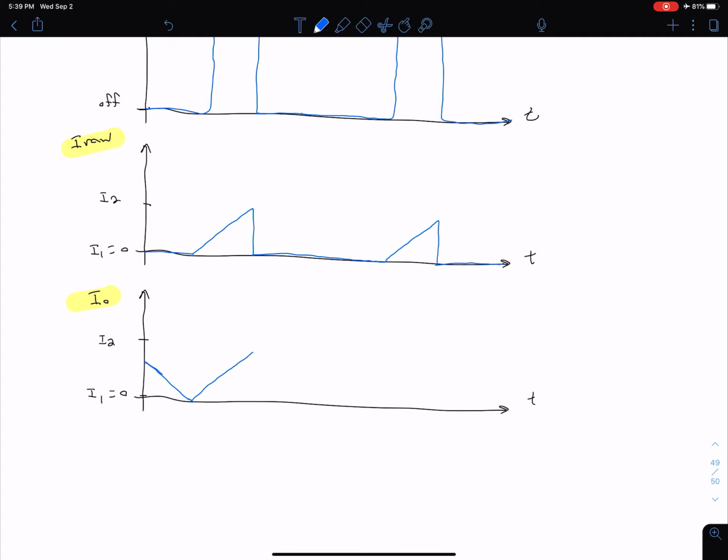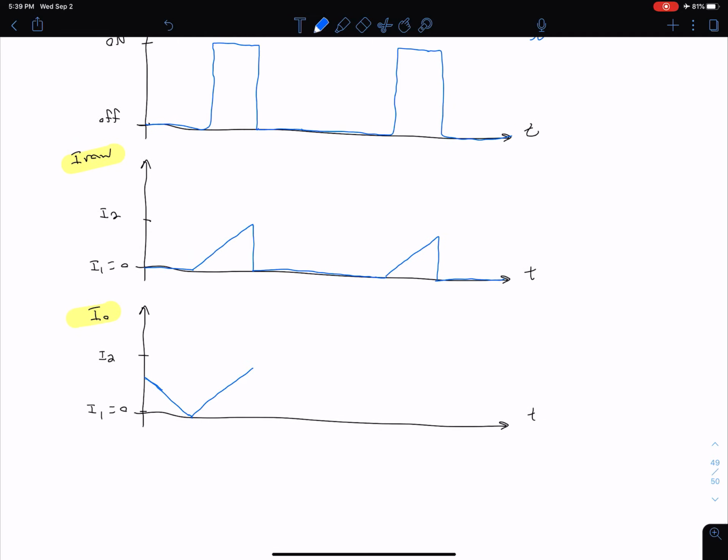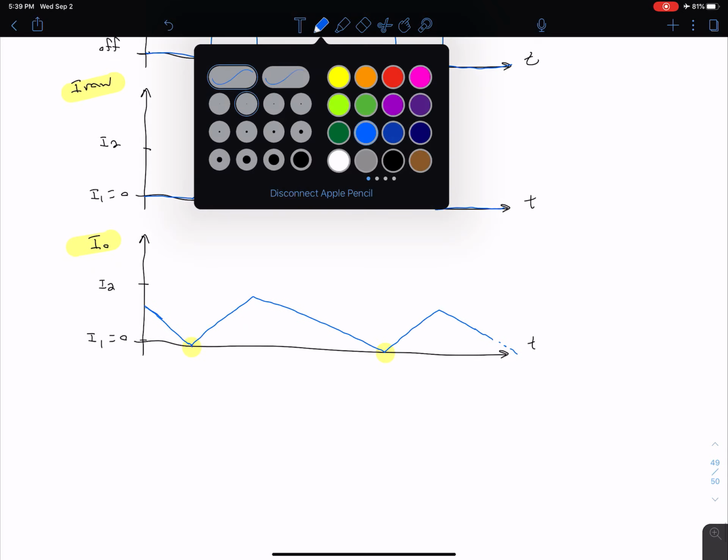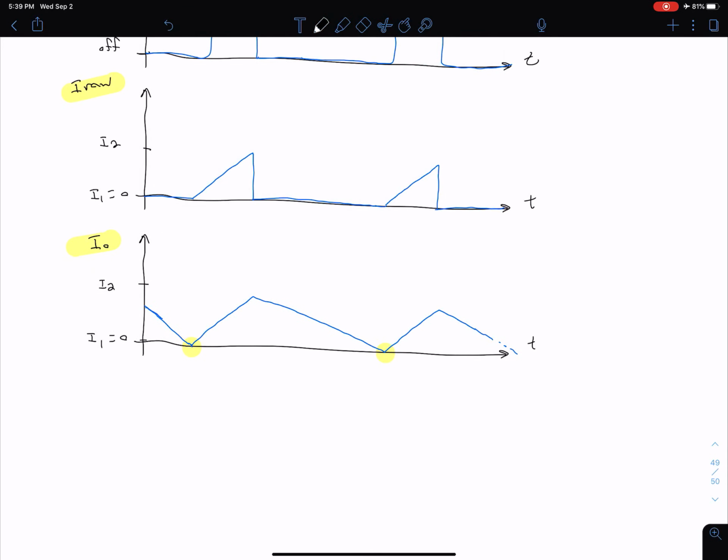I've drawn this kind of poorly, but basically it should be decreasing to where it's just reaching 0, then the switch closes, it increases to I2, and then it's decreasing, and it just keeps repeating like that. The key thing to note is that it's just barely coming into contact with 0 at these points. So it's not staying at 0 for any length of time. Okay, so now we can look at how we can calculate our L value based on all this information.